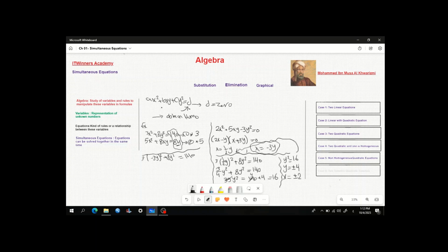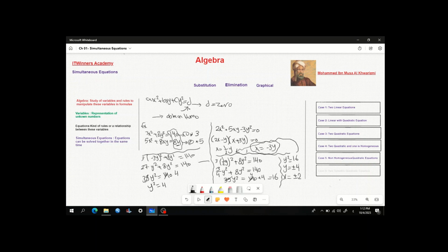Now this will be 27y squared plus... square equal to, okay, now 35y squared equal to 4, so y squared equals 4.